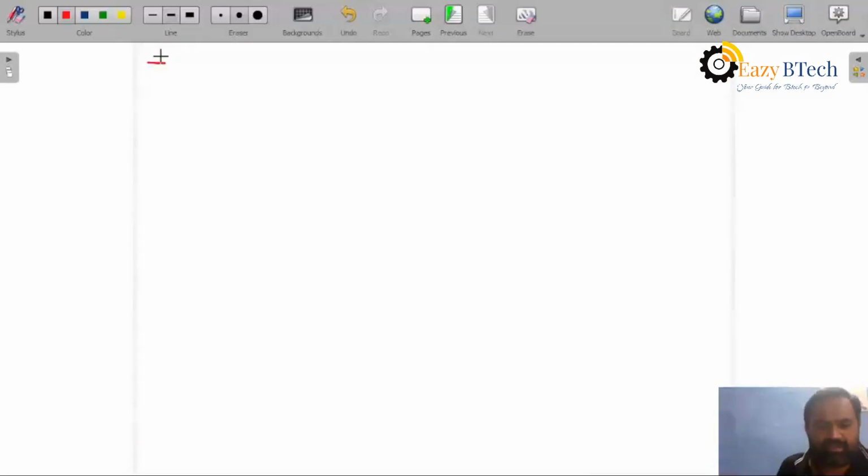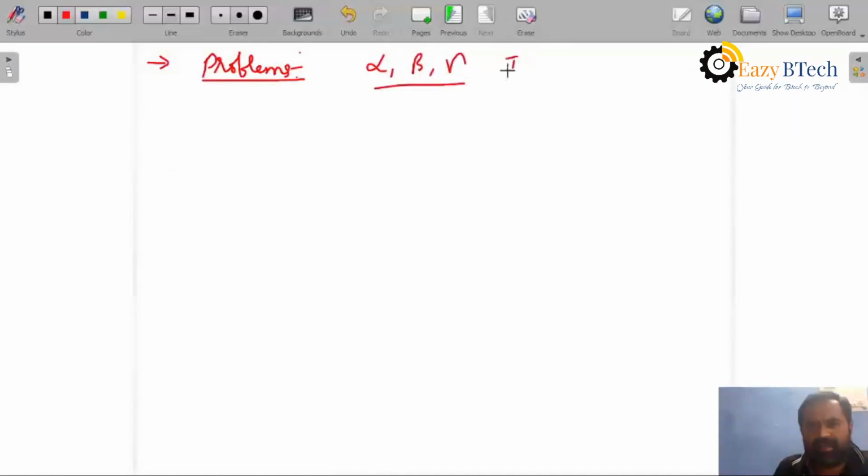First, problems from the alpha, beta, gamma relationships, and the relationships between IC, IB, and IE.